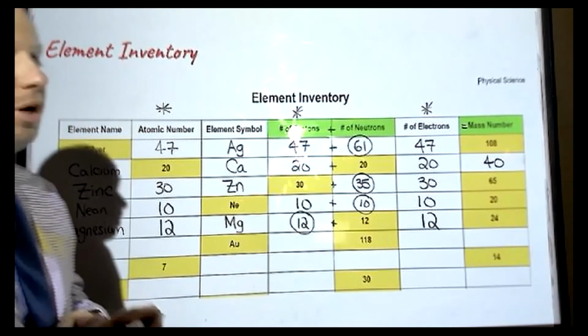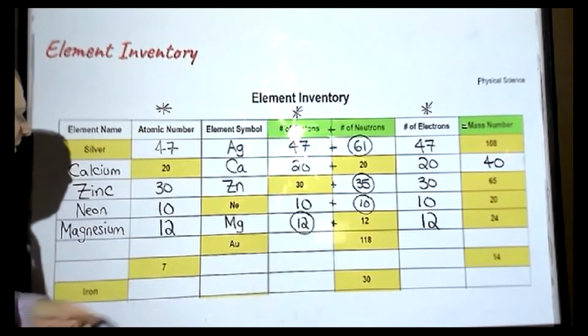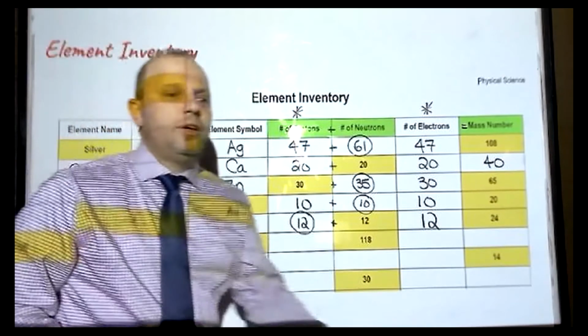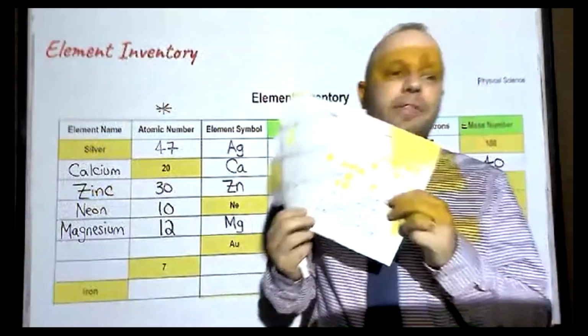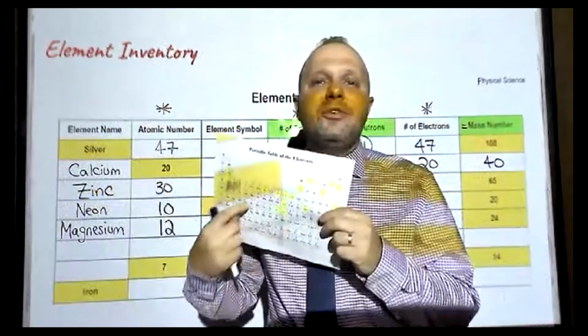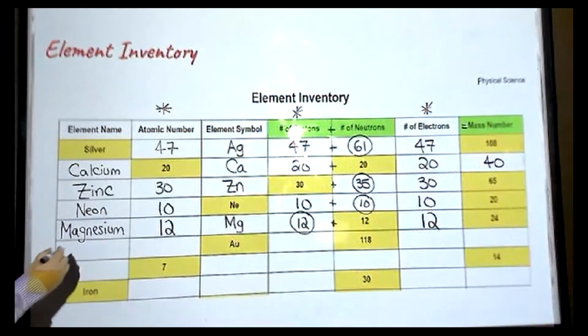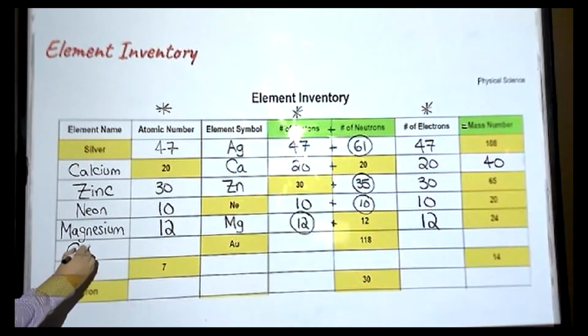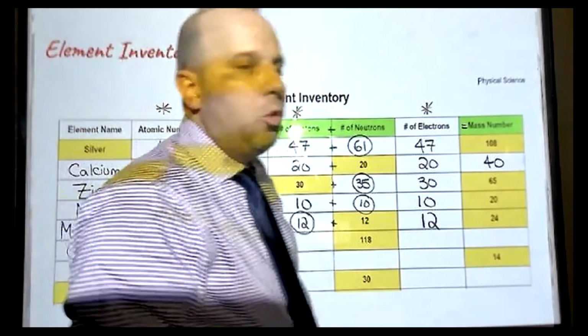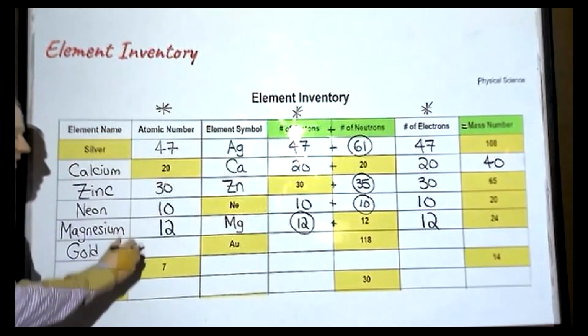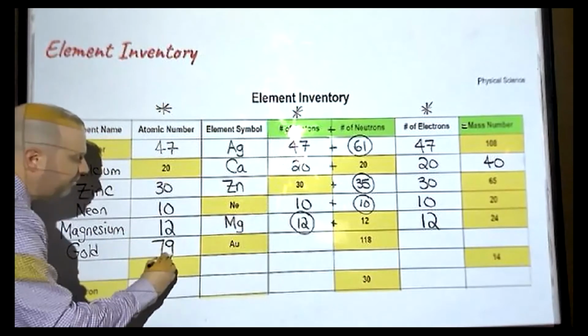Okay, the next one. The next element we have is Au. So this time we have to start with our periodic table and find where Au is. So Au is gold. So over here I'm going to write gold. If you look on the periodic table, gold has the atomic number of 79.